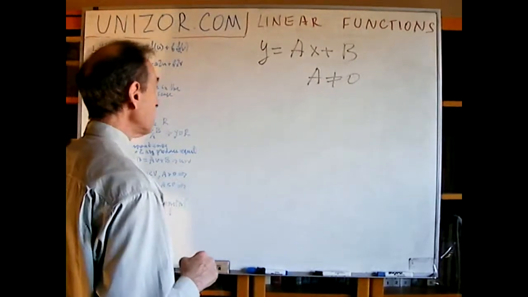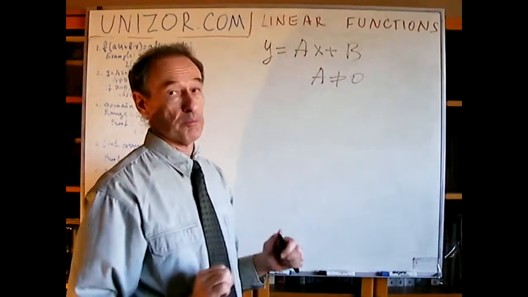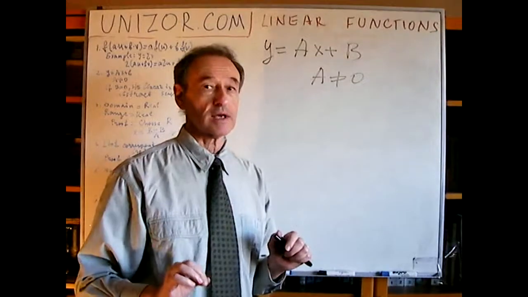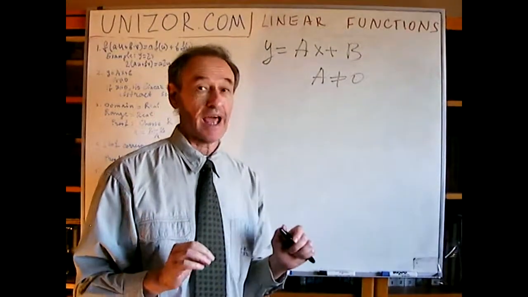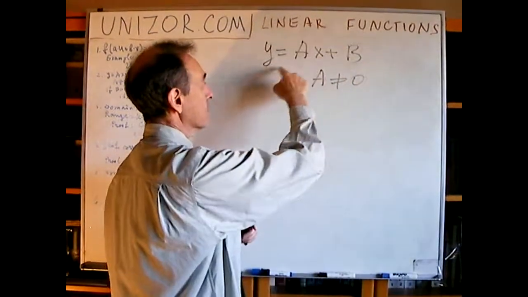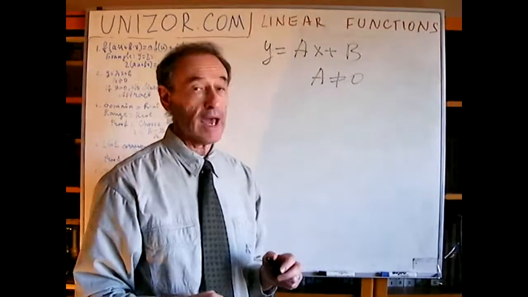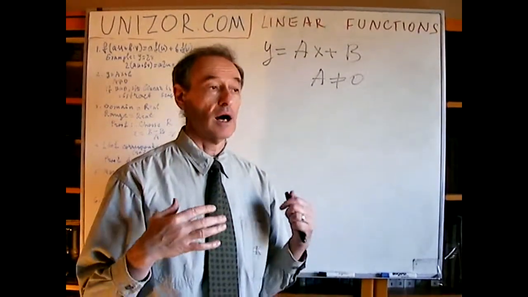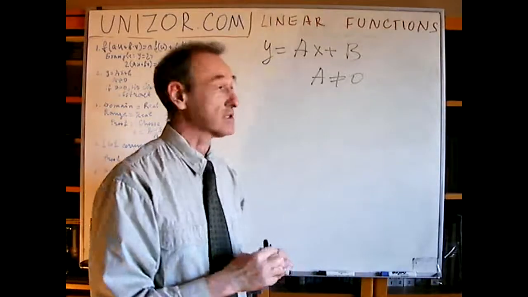Now, if b is equal to 0, by the way, let me just for 1 second return back to abstract linearity concept. If b is equal to 0, then function f of x equal to ax is linear in this abstract sense.